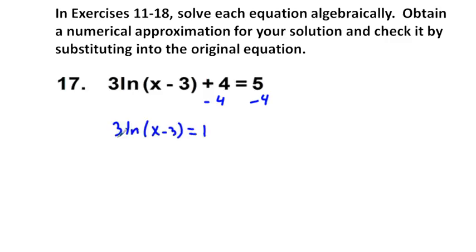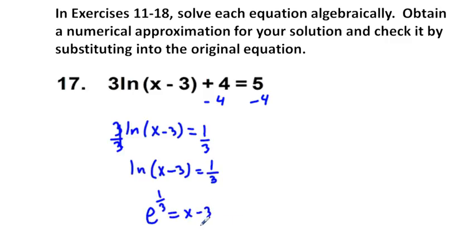Next, if we divide by 3, 3 over 3 cancels to equal 1. We have the natural logarithm of x minus 3 is equal to 1/3. And now, since we have log base e, we're going to have e to the power of 1/3 is equal to x minus 3.